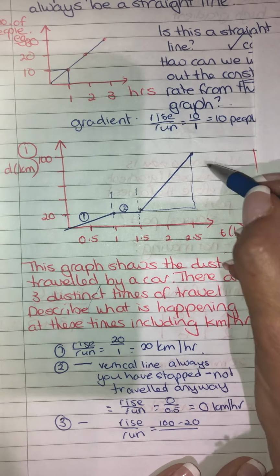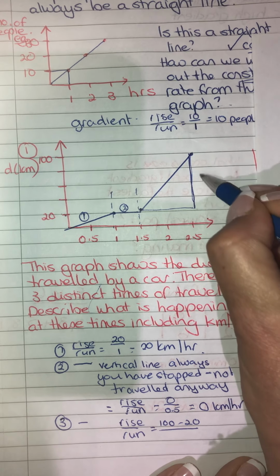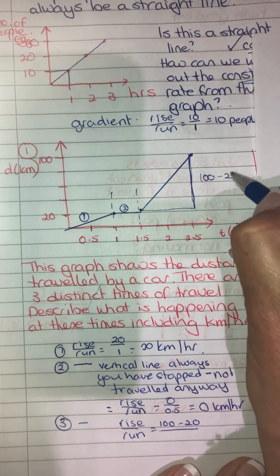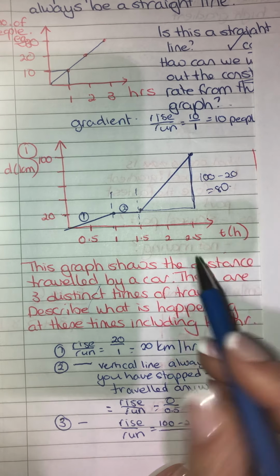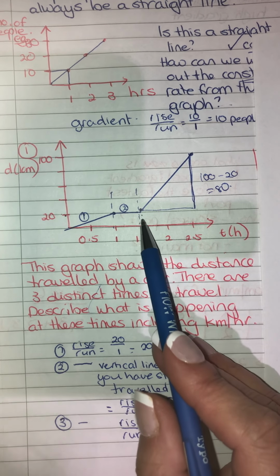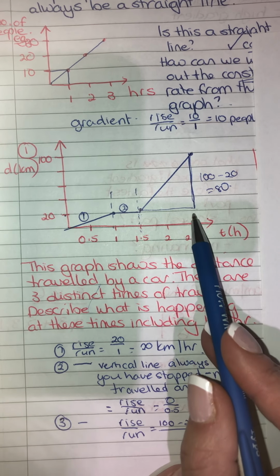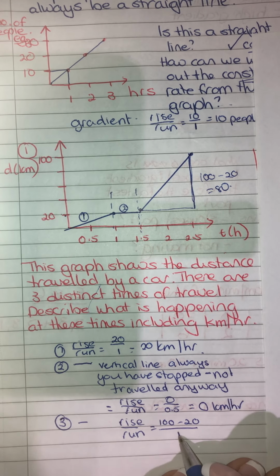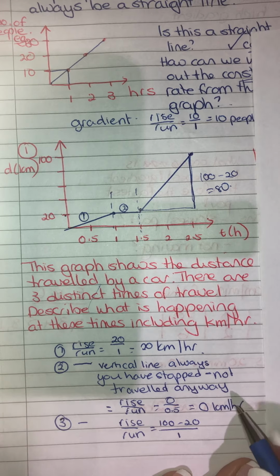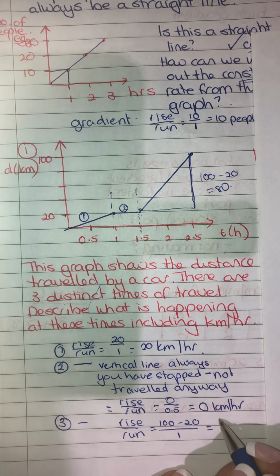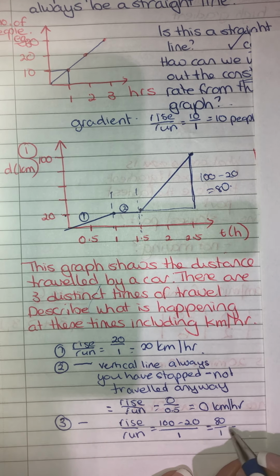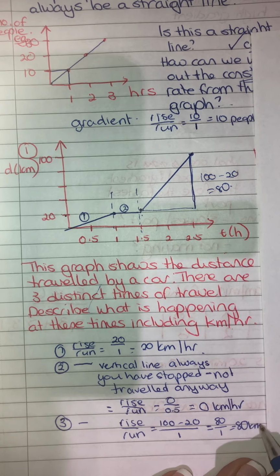So you've gone this distance, which is 100 minus 20, which is 80. And how far have you gone across time-wise? You're at 1.5 hours and you get to 2.5 hours. So you've gone for 1 hour. All right, so that would be 80 over 1. So that is 80 kilometres per hour.